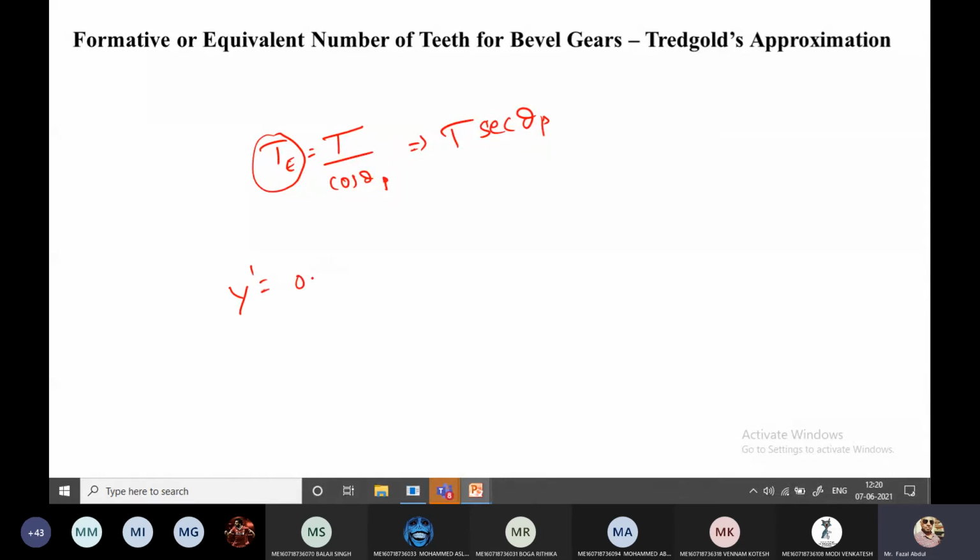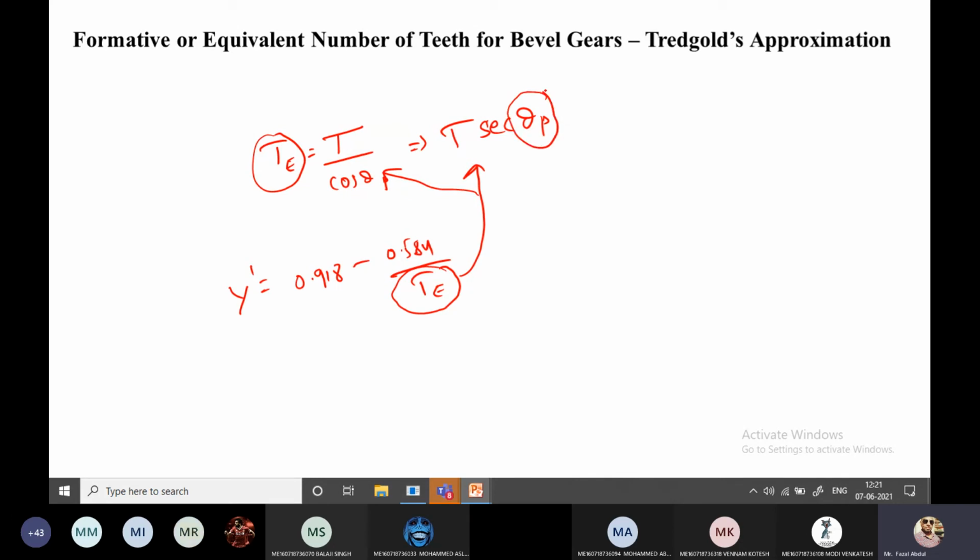Levy's form factor is 0.918 minus 0.584 by TE. So here we can utilize this equation, TE is equal to T by cos theta p, otherwise T into secant theta p. Here theta p is a pitch angle. Just now we calculated the pitch angle for the pinion and for the gear. If we apply Levy's equation for the pinion, we write theta p1 here. If we apply it for the gear, then we write theta p2 here.